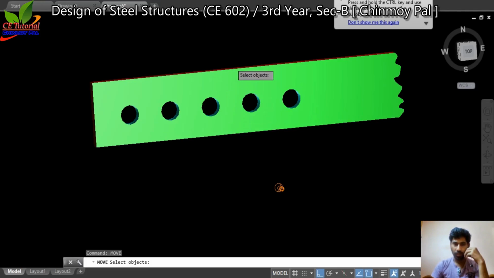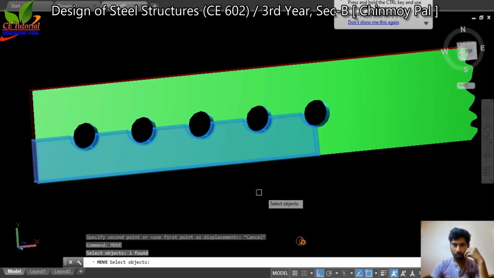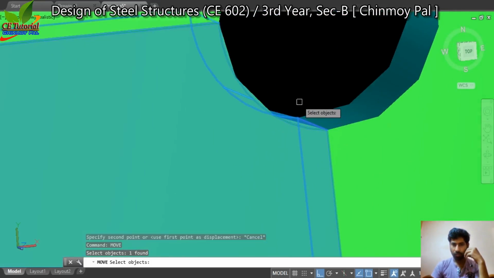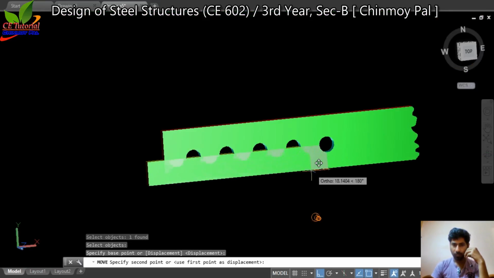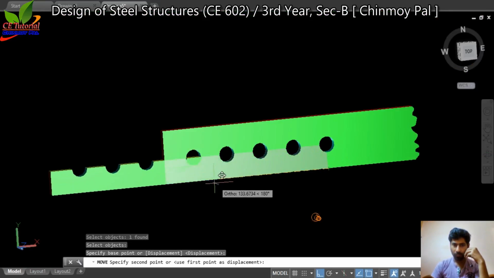You can see the lower part of this member can be torn out from the main connection like this way.